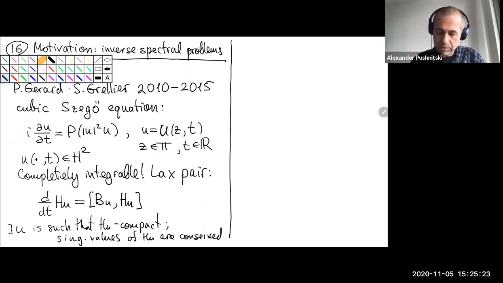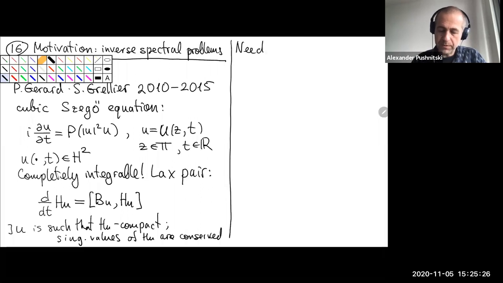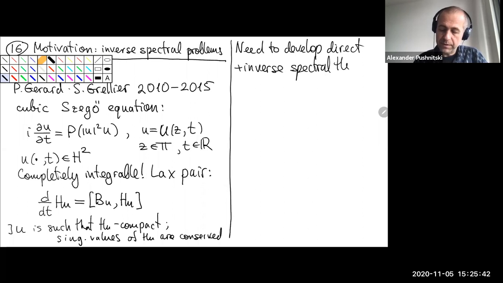So you need to develop direct and inverse spectral theory for this H_u. And this is what Patrick and Sandrine have accomplished for compact Hankel operators.